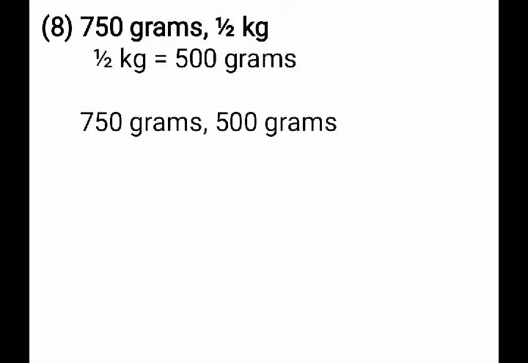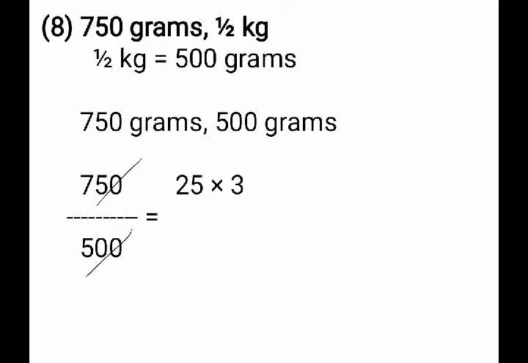First quantity is 750 grams. Second quantity is 500 grams. The fraction form of first quantity to the second quantity is 750 upon 500. Cancel the 0. Both number 75 and number 50 is going 25 table. 25 3s are 75 upon 25 2s are 50.